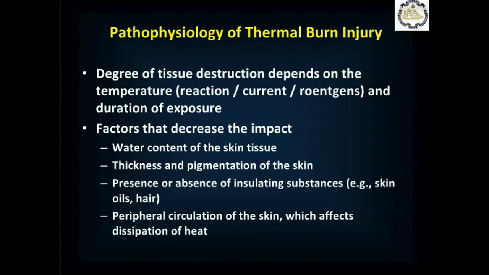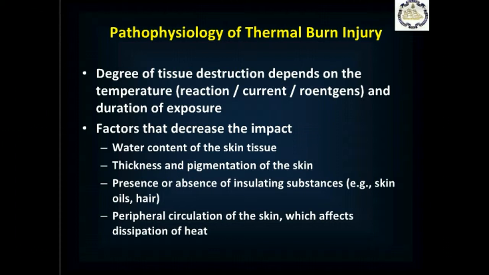So what happens when you're exposed to a burning process? And we'll talk really about thermal burns, although this also would apply to chemical burns, electrical burns, or radiation burns. And so the degree of the destruction depends on how hot it is and the duration of the exposure. And that's really about it in terms of how much energy is imparted. Now what that energy does, how much damage it does, will depend on the water content of the skin, the thickness of the skin.